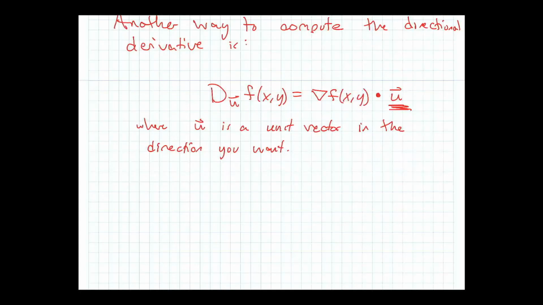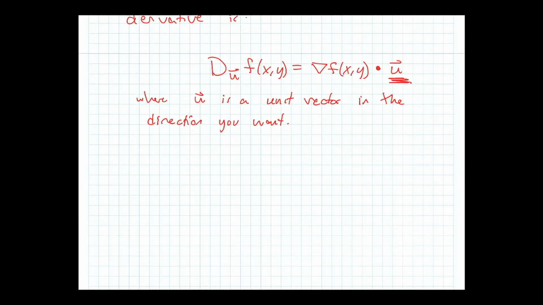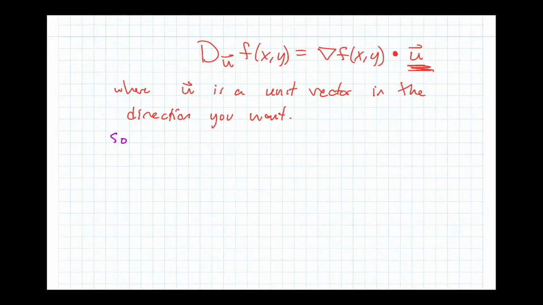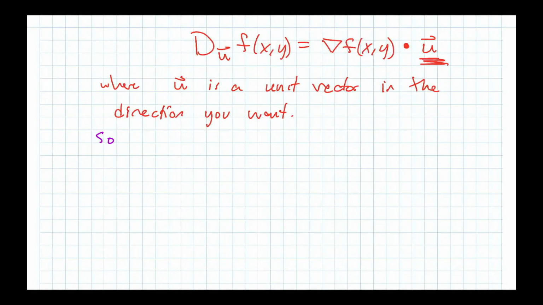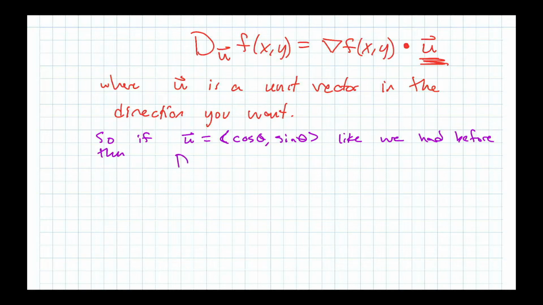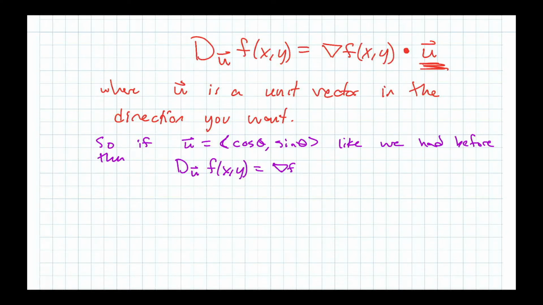So I'm going to just demonstrate this real quick. If u is cos theta, sine theta, like we had before, then the directional derivative in the direction of u of f of x, y is grad f.